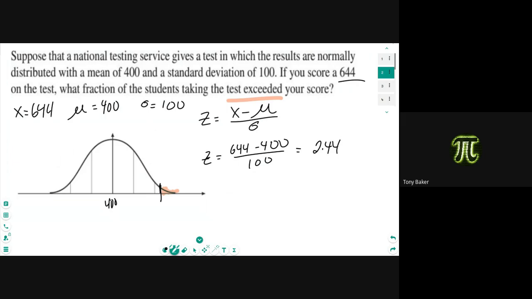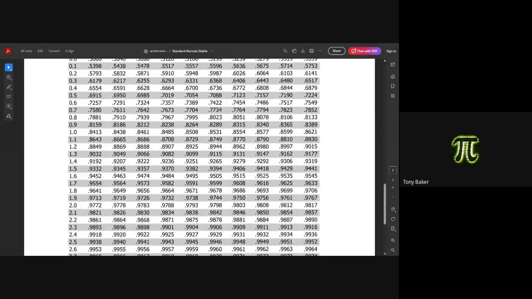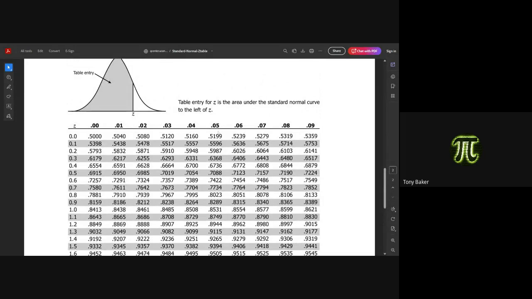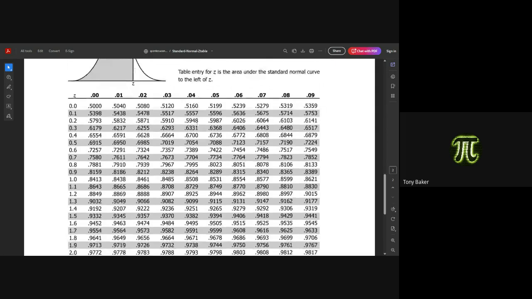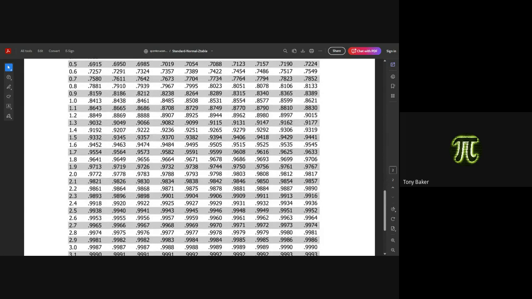So let's look at the table and find the percent for 2.44. Reminder, the numbers up top here are your last digit, the second digit after the decimal. So we're looking at the 4 there, and we're going to go down to 2.4.